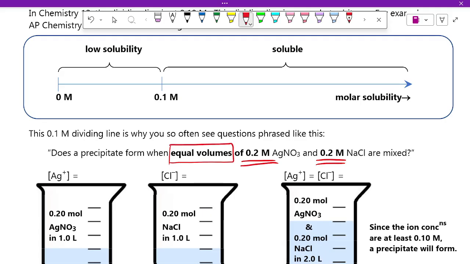And the reason for that, anyone see the reason? Why are we using equal volumes of 0.2 and 0.2 to ask if a precipitate forms?